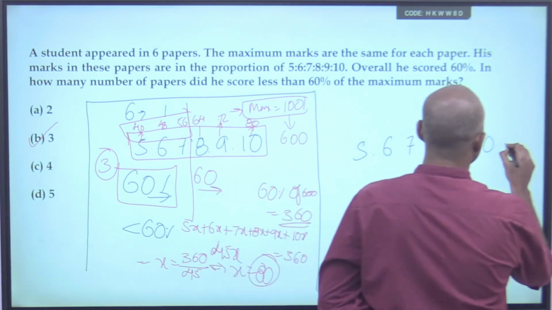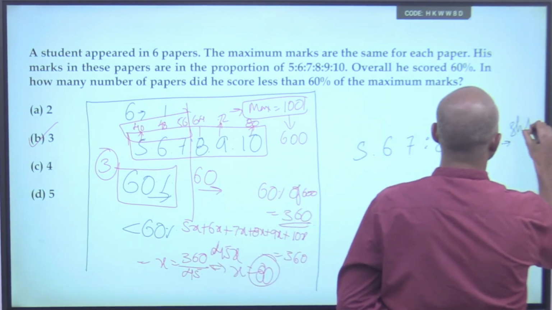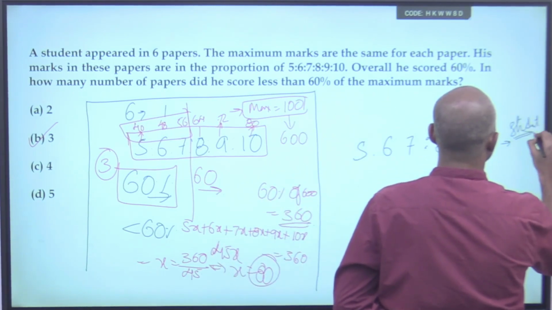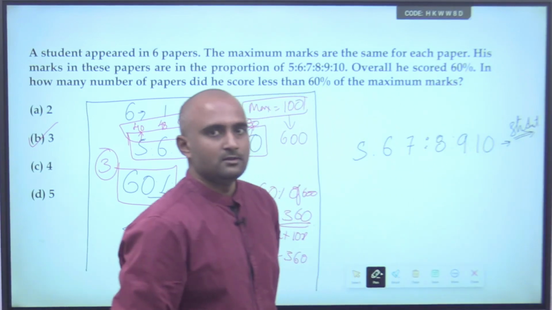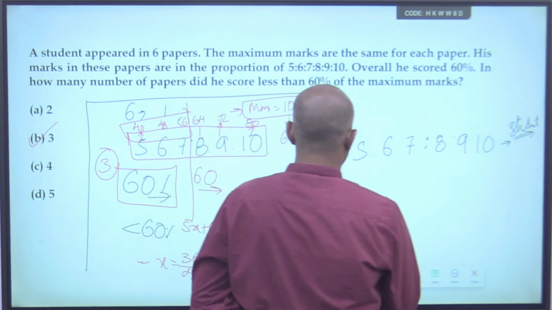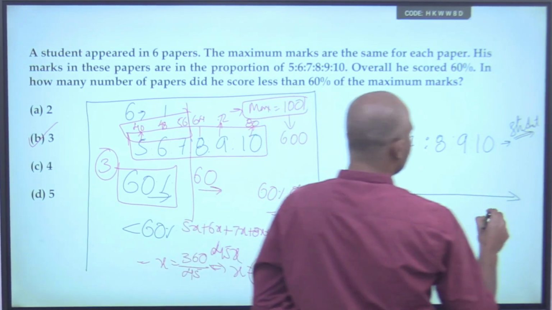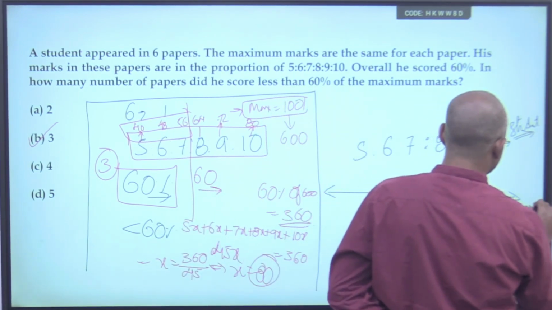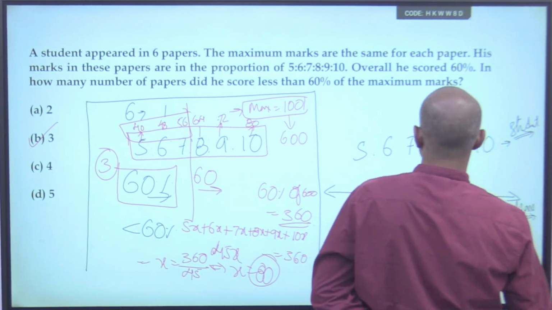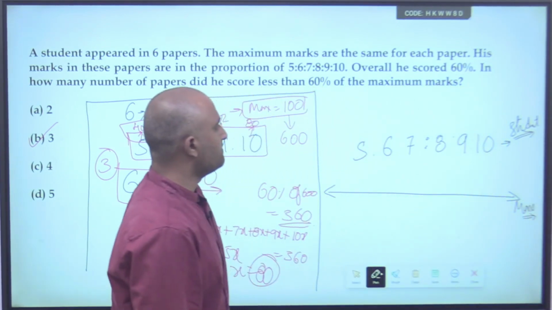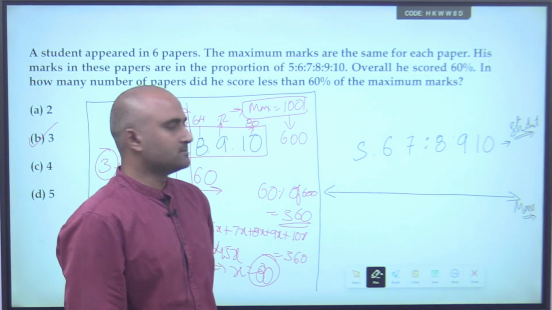The reference here is the student. Okay. Now, those are the maximum marks.